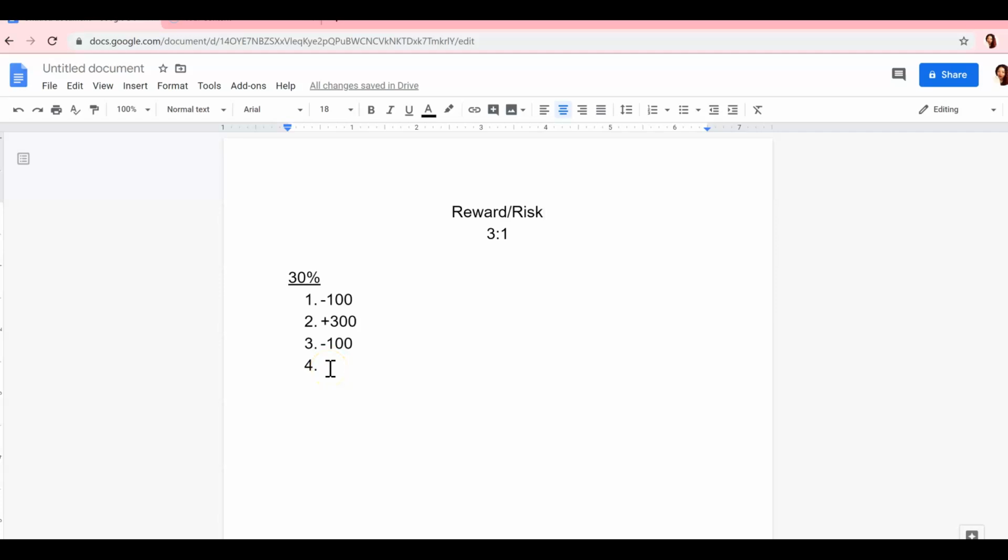So what we're going to do is log our trades. On this one, just say we had a bad day. We lost another $100. But then just say we got on a roll. We are $300 here, another $300, $300. Then we got mad at somebody at work, so we lost 100.